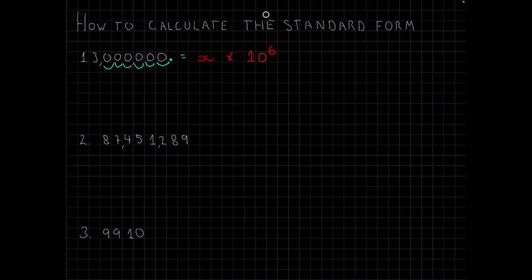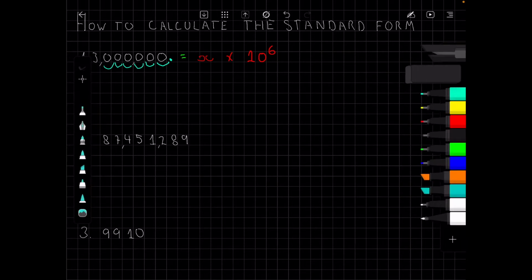The x is a number that can be no lesser than 1 but no greater than 9.9. So our number is going to be 3.